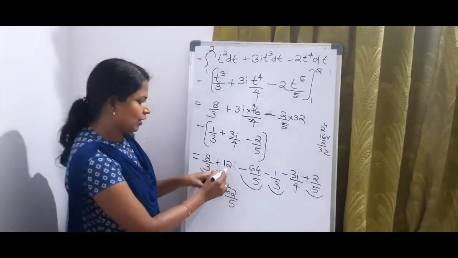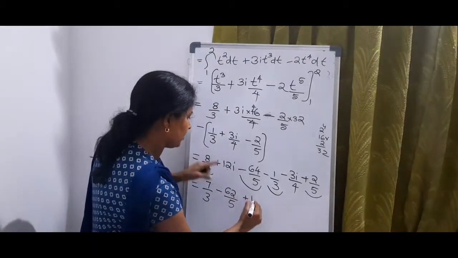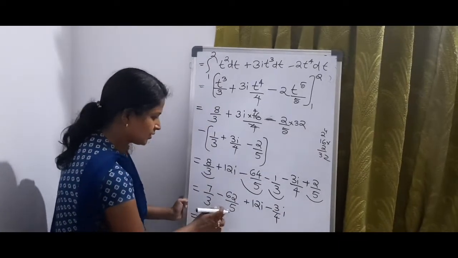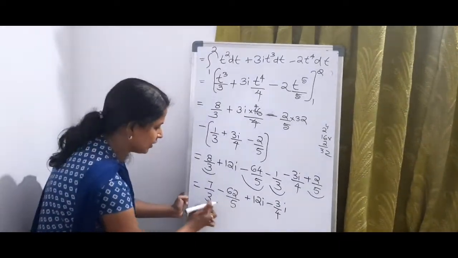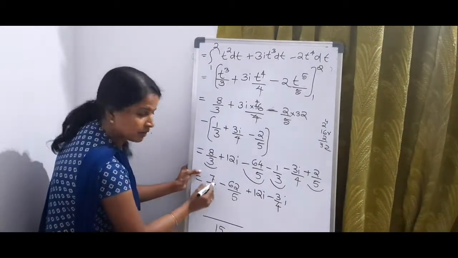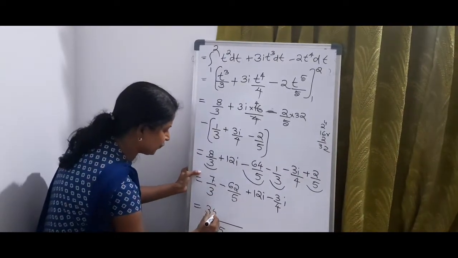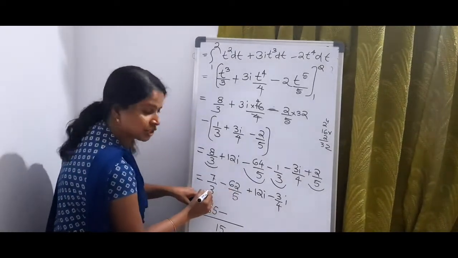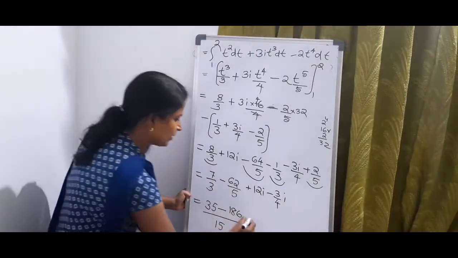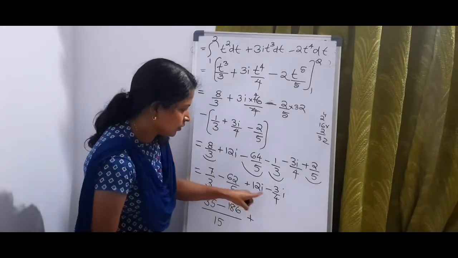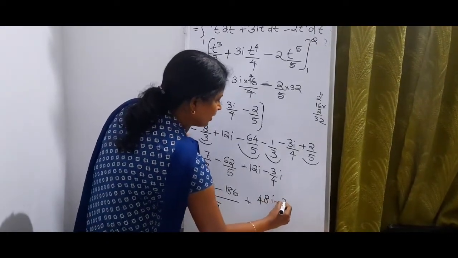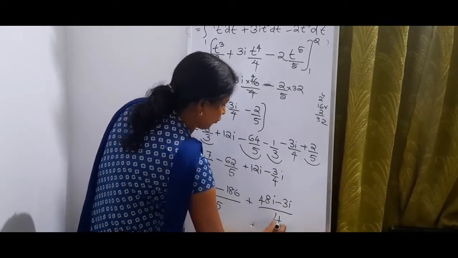Then the i terms: 12i minus 3i by 4. For the real part, multiply the denominators, 3 into 5 is 15, then cross multiplying: 7 into 5 is 35, minus 62 into 3 is 186.